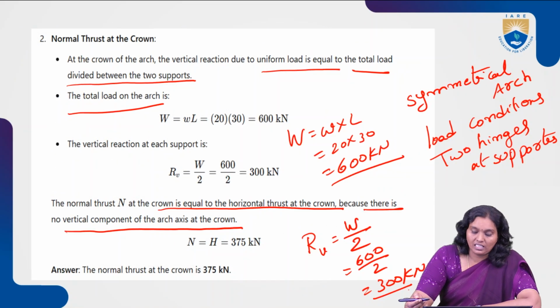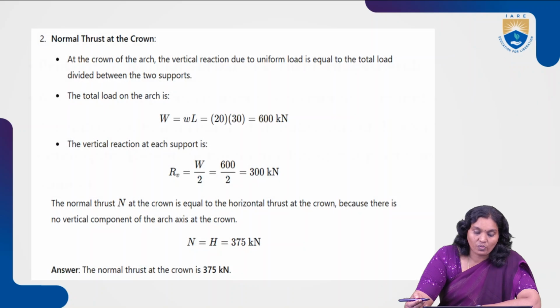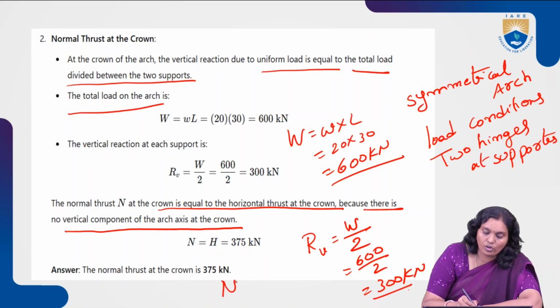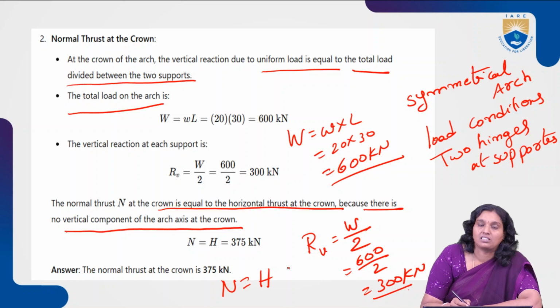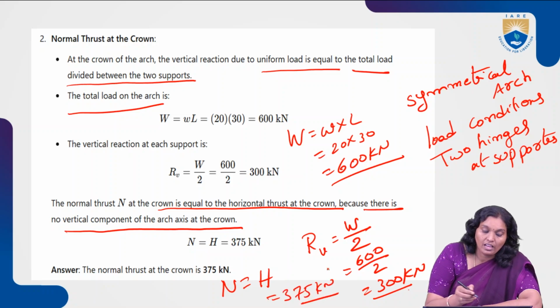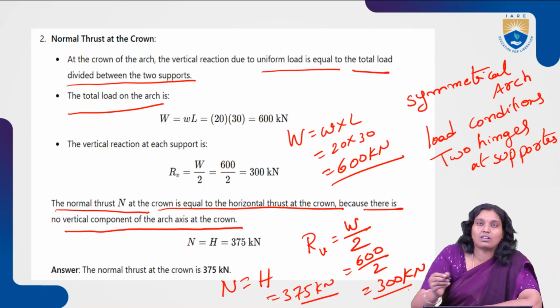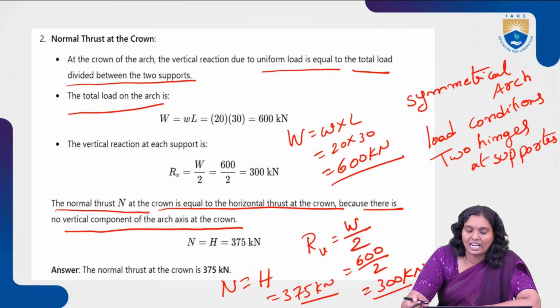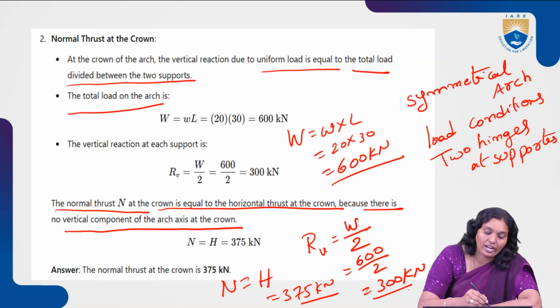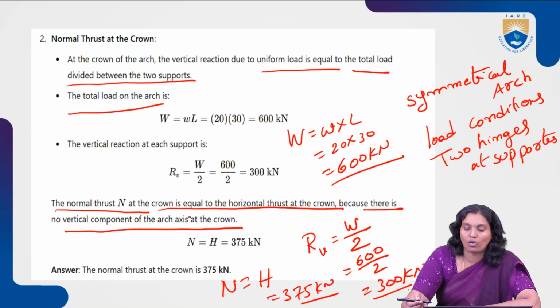Here theta is equal to 0, so N is equal to H, which is 375 kilonewtons. The normal thrust at the crown equals the horizontal thrust because there is no vertical component of the arch axis at the crown, also because of the symmetry in loading conditions.